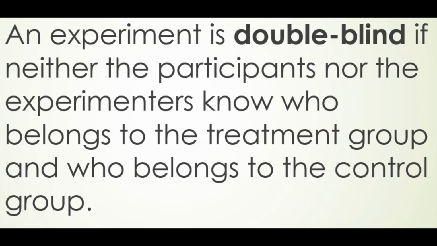So sometimes we want to make sure that neither the participants nor the researchers know who belongs to the treatment group and who belongs to the control group, and that's a double-blind experiment.